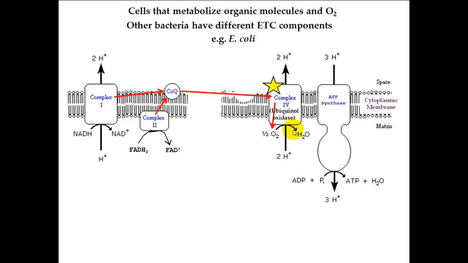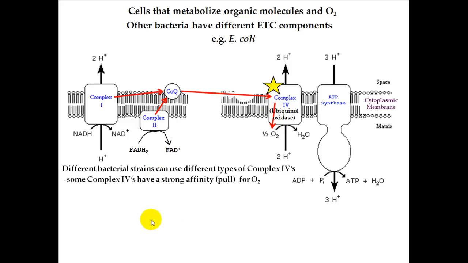So what we're saying here is that there are different types of complex 4s that E. coli can use. And the difference between those complex 4s is their affinity for oxygen, how well they can attract oxygen. So there's one type of complex 4 that some E. coli can use that has a relatively strong affinity, or a relatively strong pull, for oxygen.